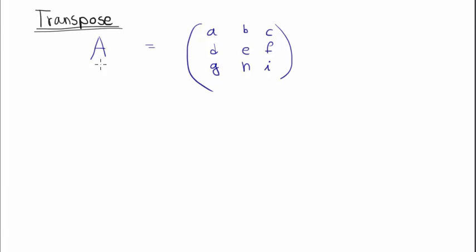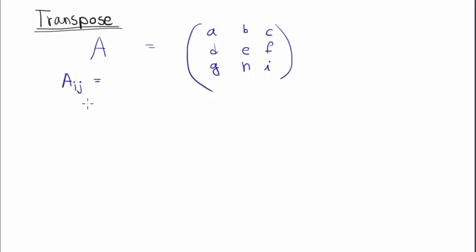Now, sometimes you'll see notation like a_ij. What this basically means is the element in the ijth position of the matrix. So i is denoted by the rows, so how many rows there are, and j is the number of columns.